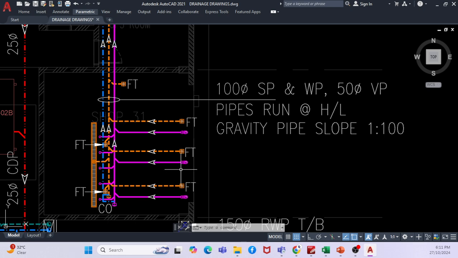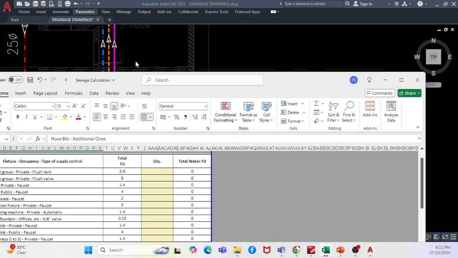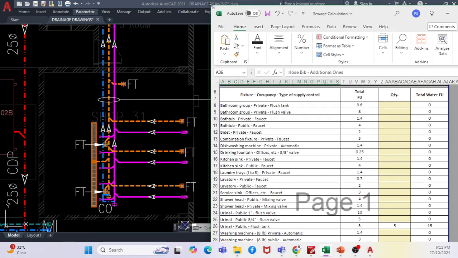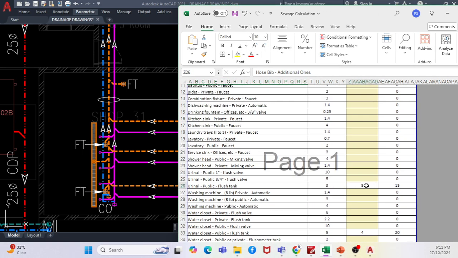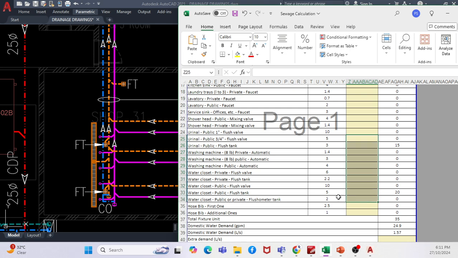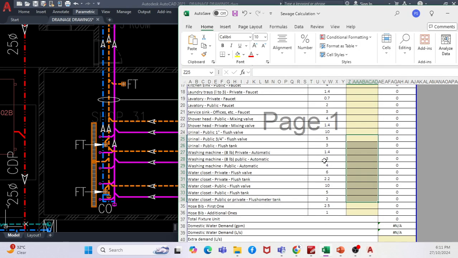So here, if I calculate DFU, I will go to my Excel sheet. I'm going to calculate what the total DFU is. So how many floor drains? 1, 2, 3 floor drains, assume.